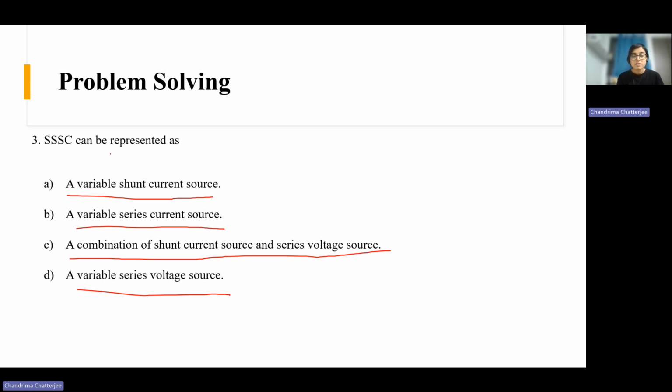Obviously this is a series compensator, and we just saw when we were discussing the single line diagram that we represented it as a voltage source in series with the line, like this. And this is variable. So option D is correct, a variable series voltage source.